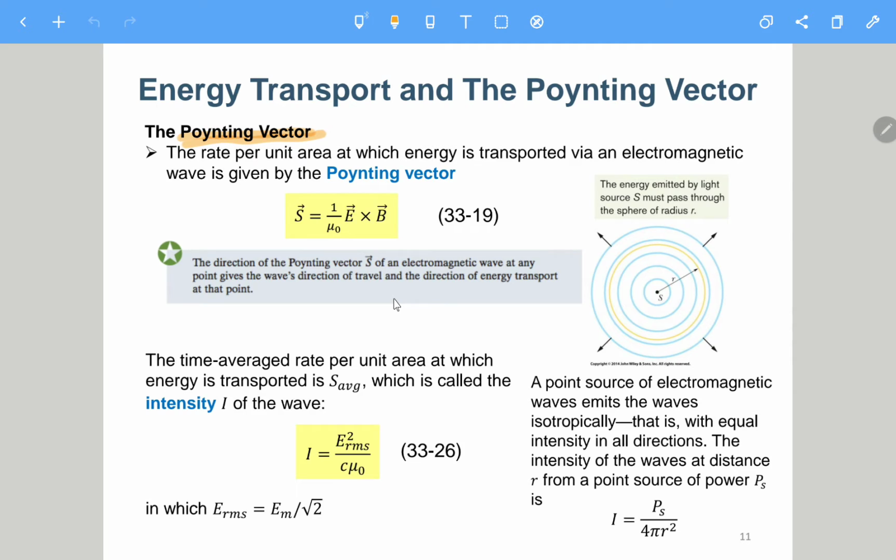Based on this Poynting vector, we can know something called the intensity of the light, by taking the magnitude of it.